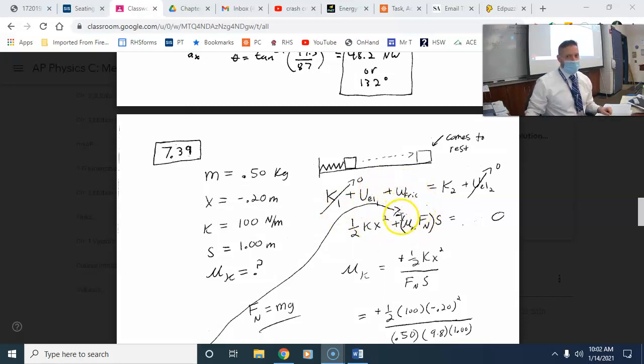And remember that we have to make the expression we include in the next step negative. We talked about that in another problem before. And then later on it completely releases it, position 2 is where it comes to rest.